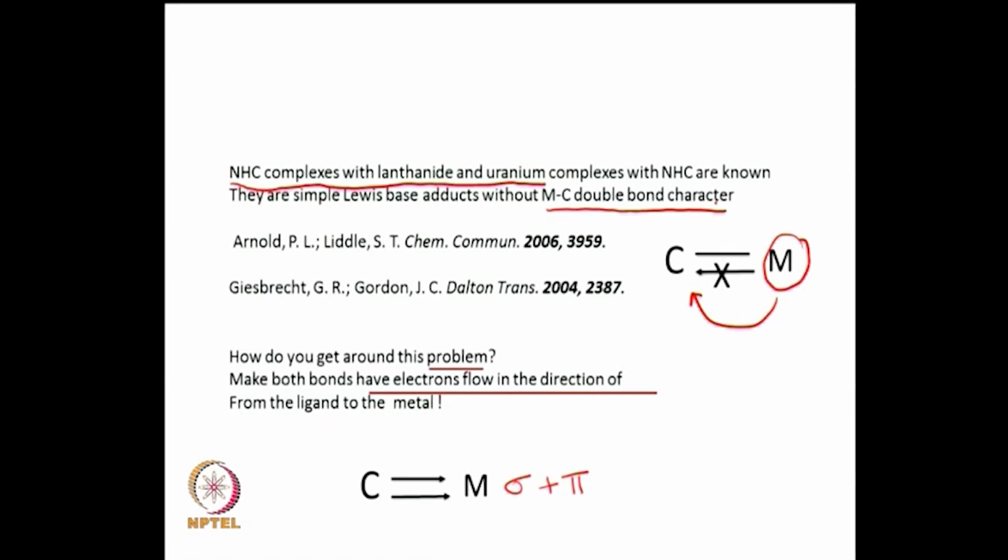So, in the systems that we are going to discuss just now, there is in fact a very clear formation of a carbon metal double bond, and that happens because you have generated a carbene or a carbon center which has got electron density both in the sigma and in the pi manifold with a pair of electrons. So, if you have C2 minus, then both electrons can be donated to the metal in the same direction. Let us take a look at these complexes now.